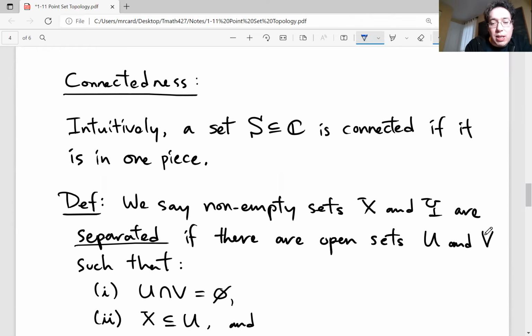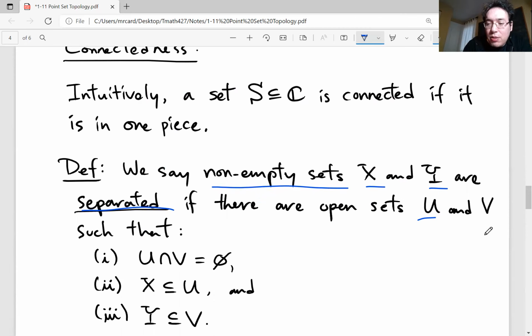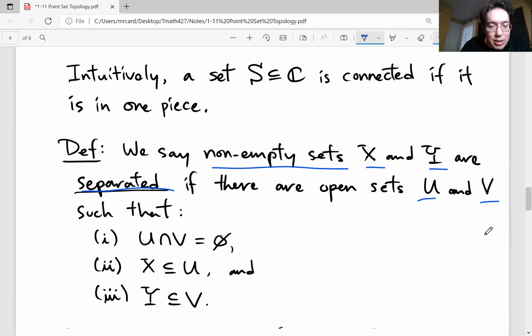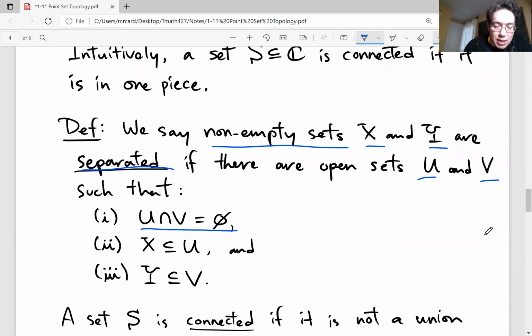We say that non-empty sets X and Y are separated if you can find two open sets U and V that do not intersect, and the open sets contain each part, the X and the Y.